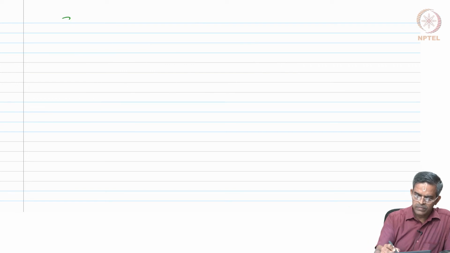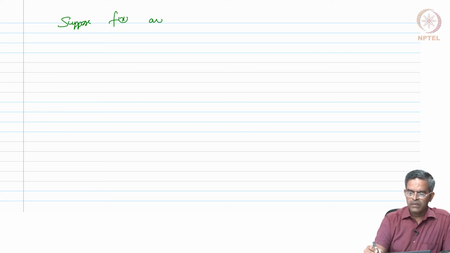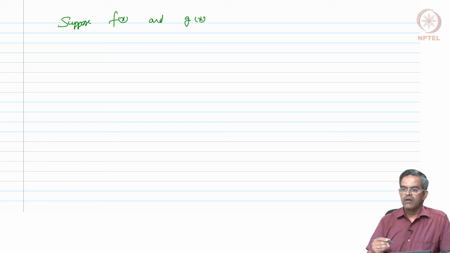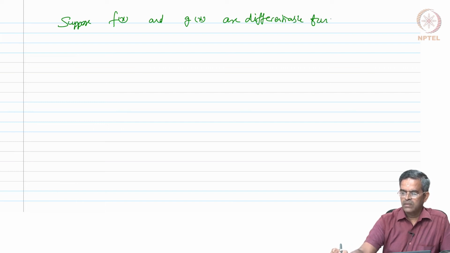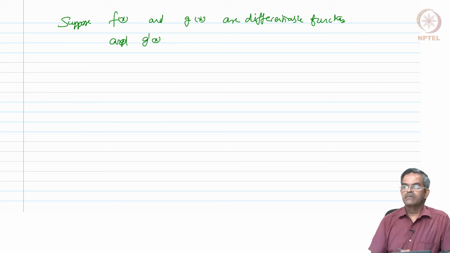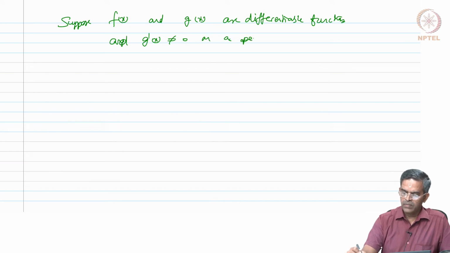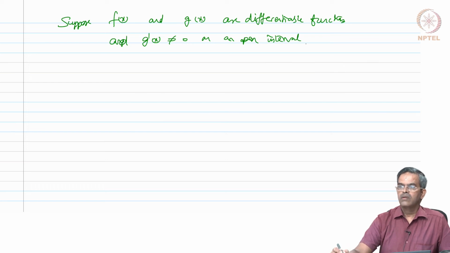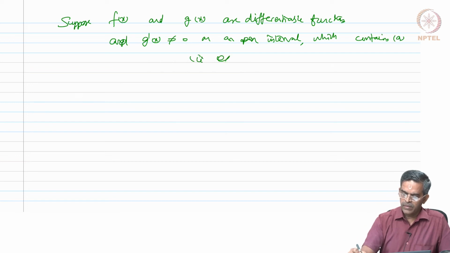Suppose f of x and g of x are differentiable functions and g dash of x is not equal to 0 on an open interval which contains A, except at A, following conditions apply.